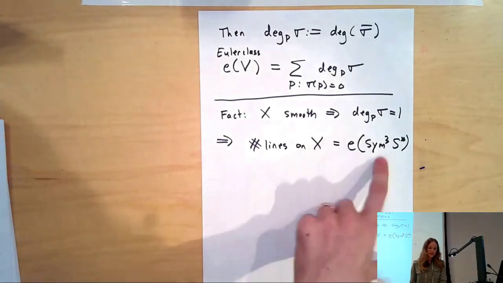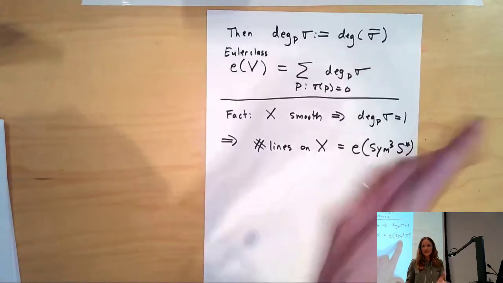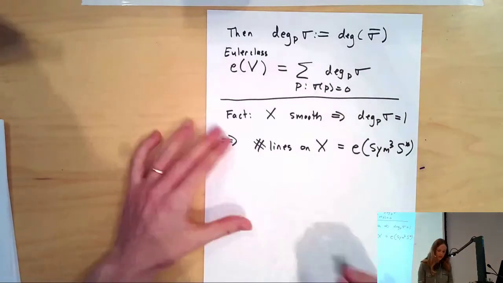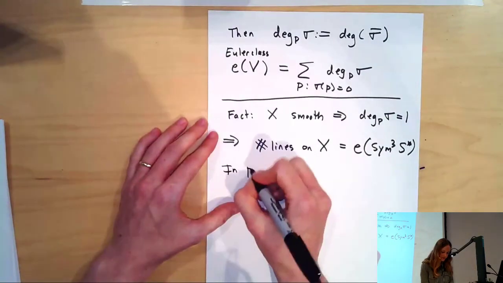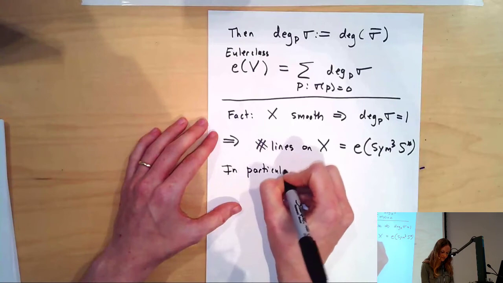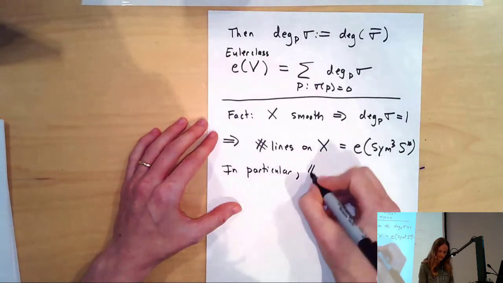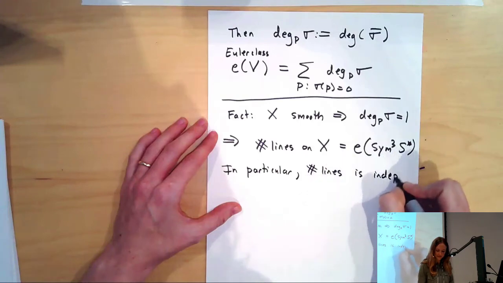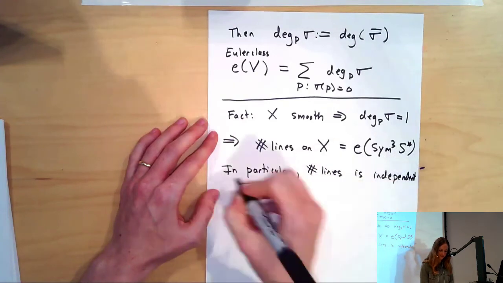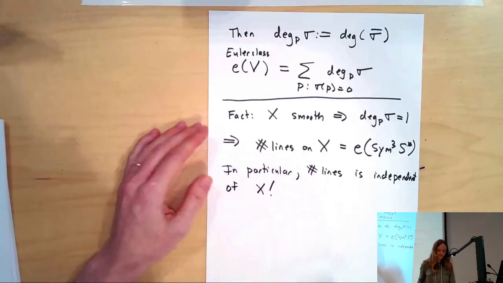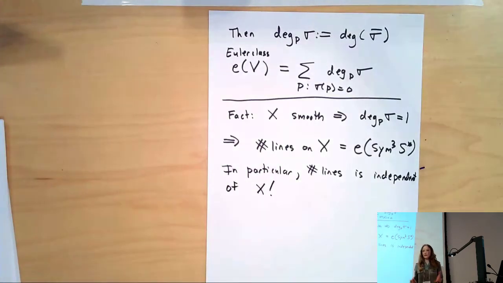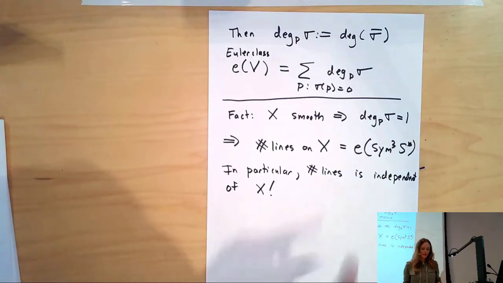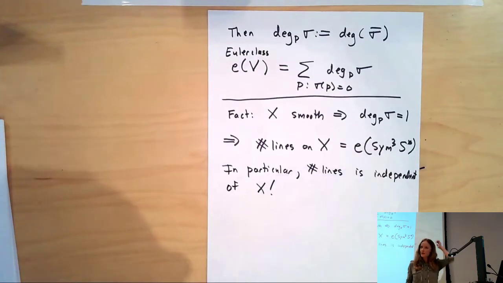And in particular, this Sym^3 of the dual tautological had nothing to do with X, so this is independent of X. And then we saw the Fermat example, or we could compute the Euler class using the splitting principle and cohomology of Grassmannians.